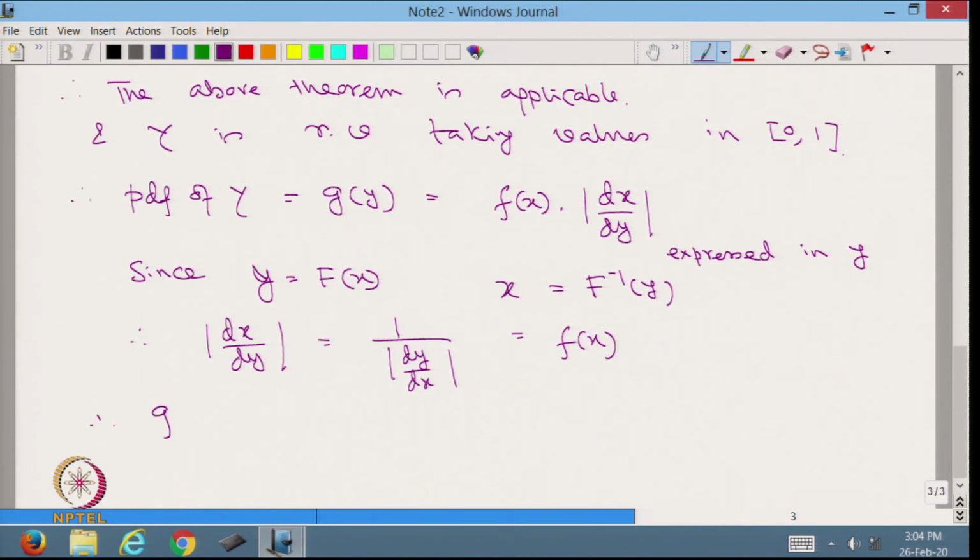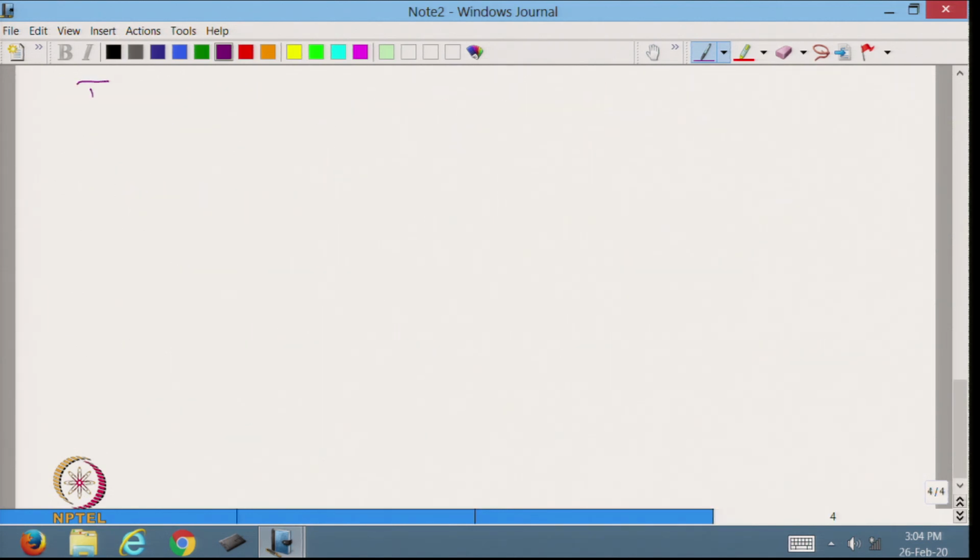Therefore, g y is equal to f x into 1 upon f x is equal to 1. Obviously, we can write this when f x is greater than 0. Thus, y belongs to 0, 1 and its PDF is 1. Therefore, y is uniformly distributed in the interval 0, 1.